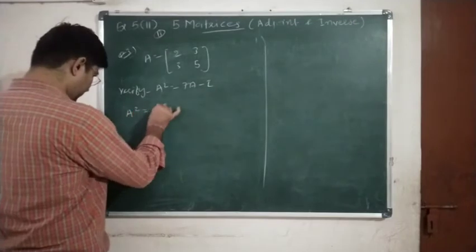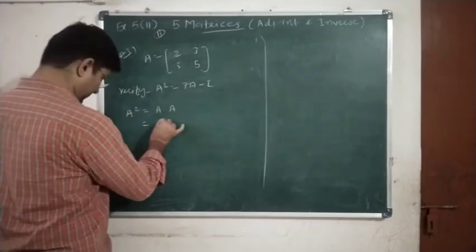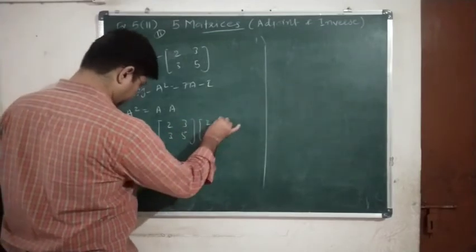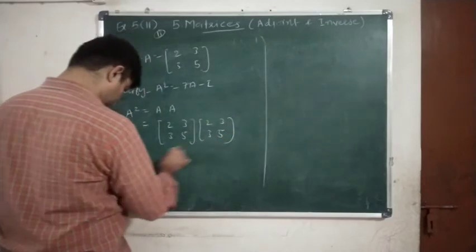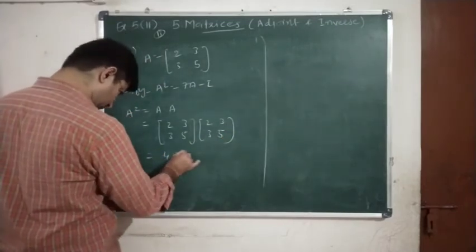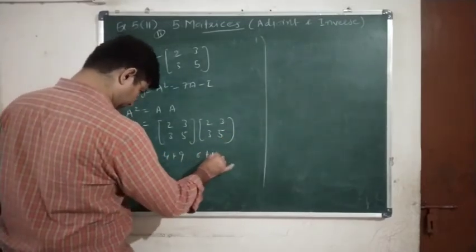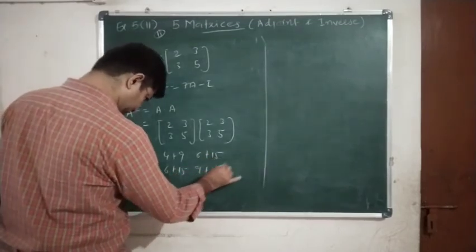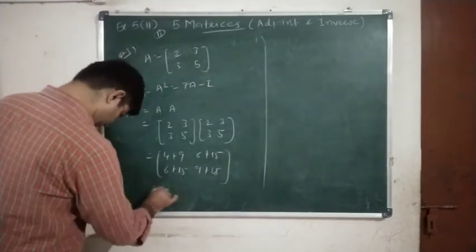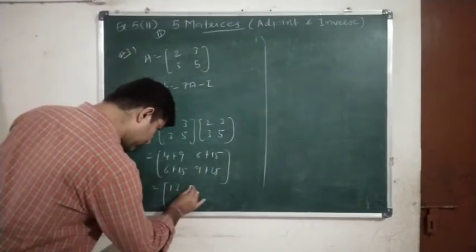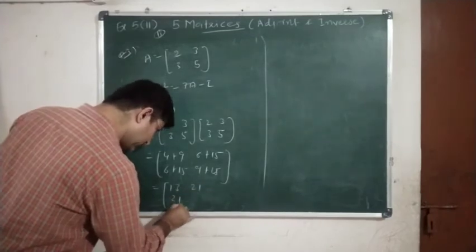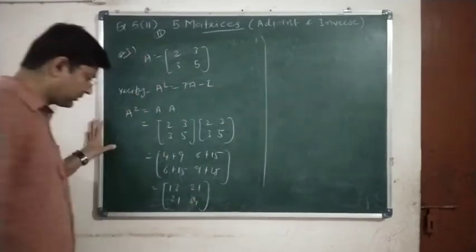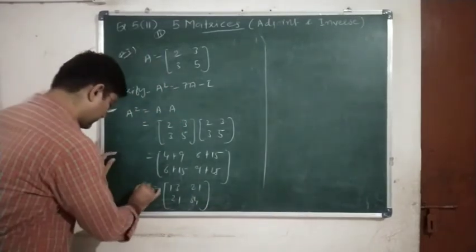Okay. A square is equal to A into A, 2, 3, 3, 5. Okay, so 2 2s are 4, 3 2s are 6, okay, so we got A square.